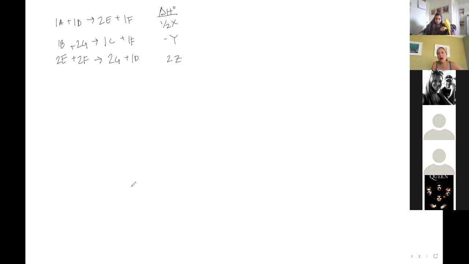So now I can cross out anything that's balanced between the left and the right side. So I have 1D here. I can cancel it with the 1D here. I have 2F's here, 1, 2. I can cancel it with the 2F's here. I have 2G and 2G. And I have 2E and 2E.